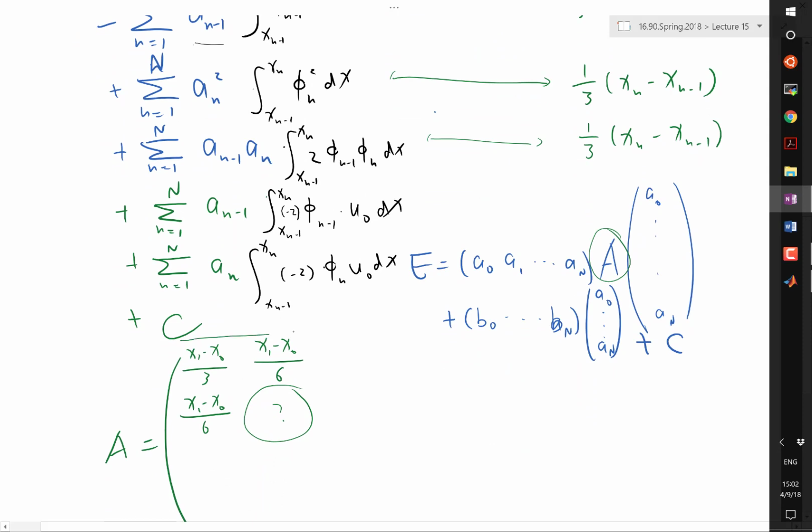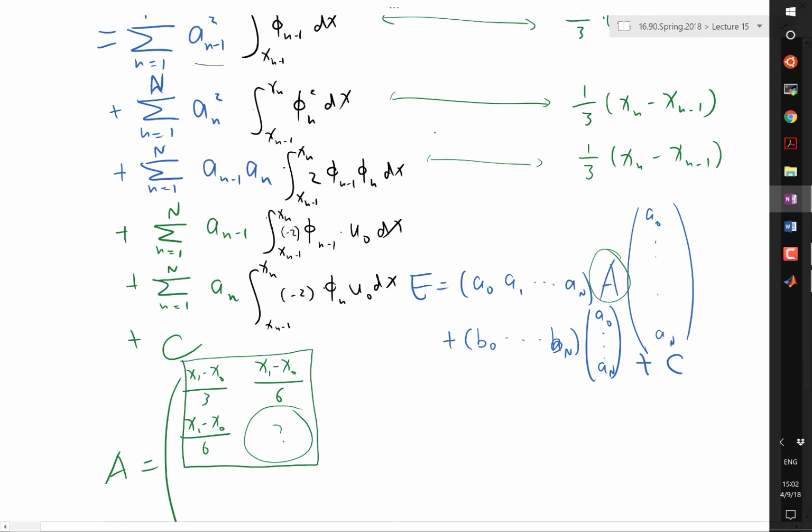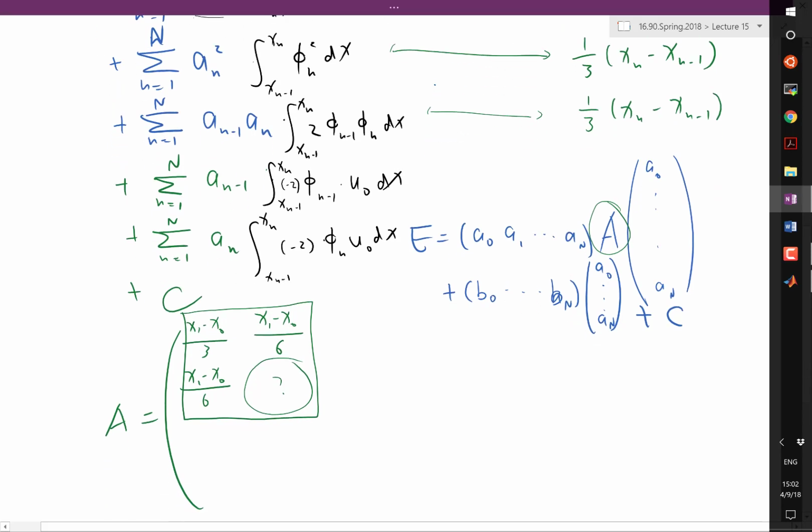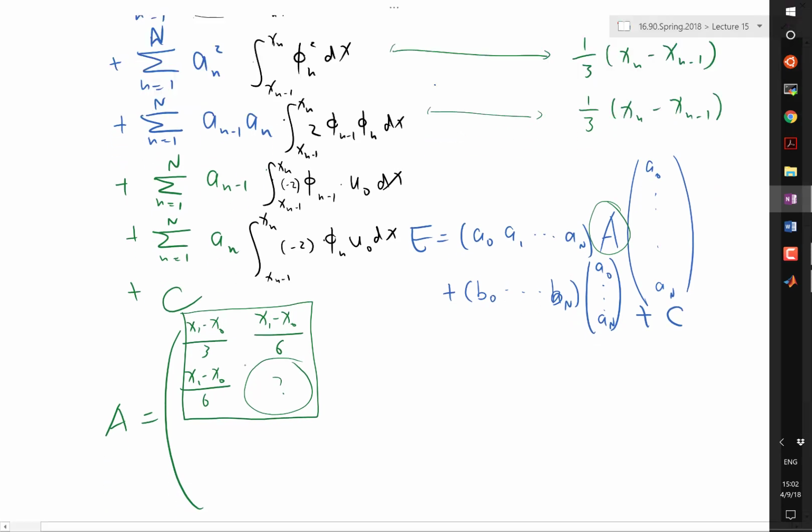So, for example, the first 2 by 2 block of the matrix contains contributions from the first element. Which entries contain contribution from the second element? Actually, it's not the next ones, but this, right, they actually overlap on this one.